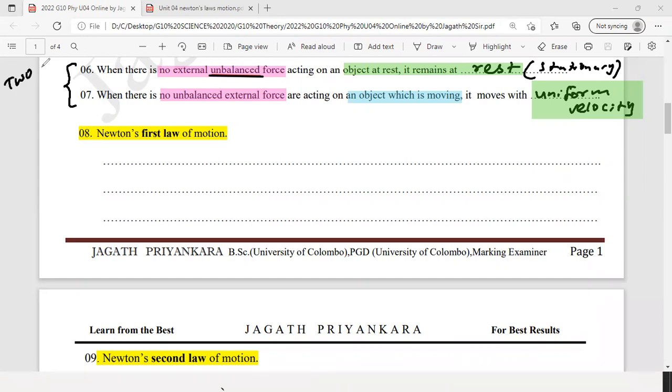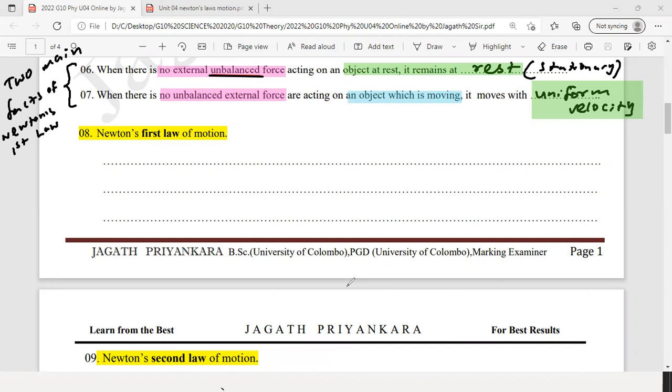Two main facts of Newton's first law. What are the two main facts of Newton's first law?